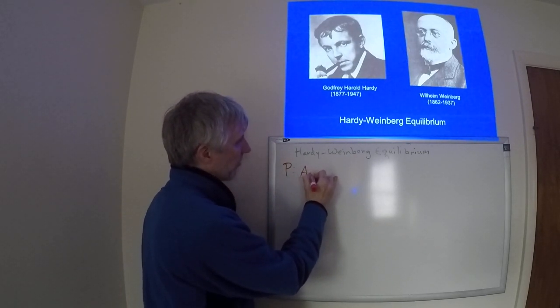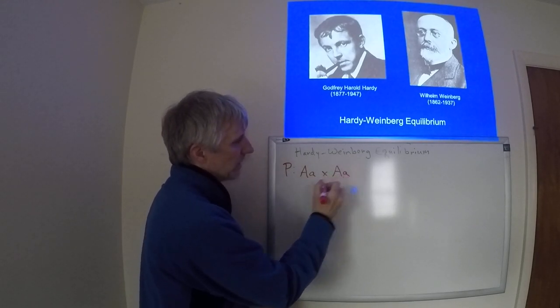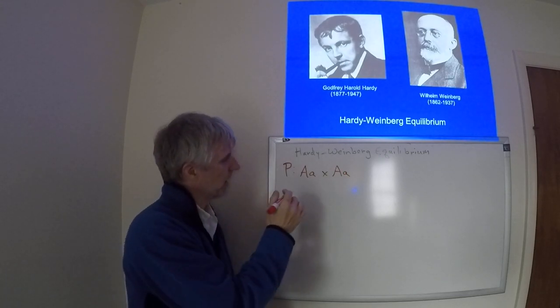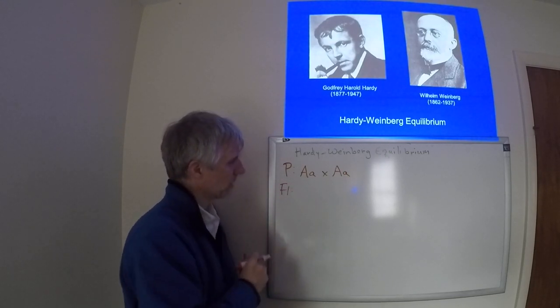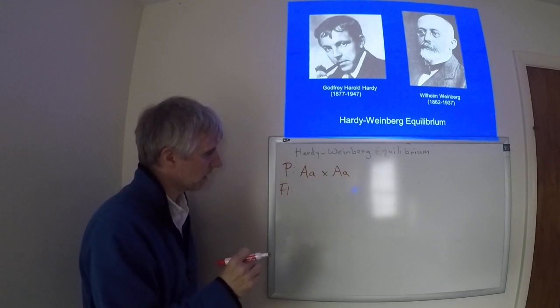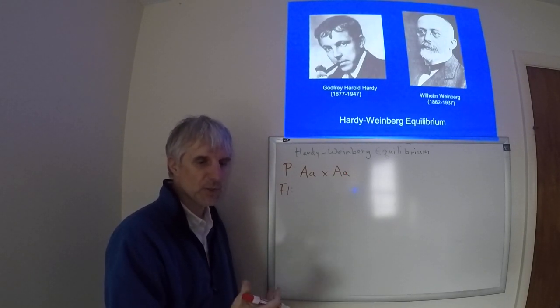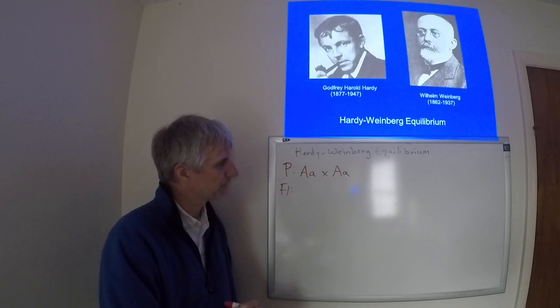Let's say I had the following Mendelian cross here, a heterozygote times a heterozygote. And I wanted to predict what the expected genotypes, along with the expected frequency of these genotypes, would be in the next generation.